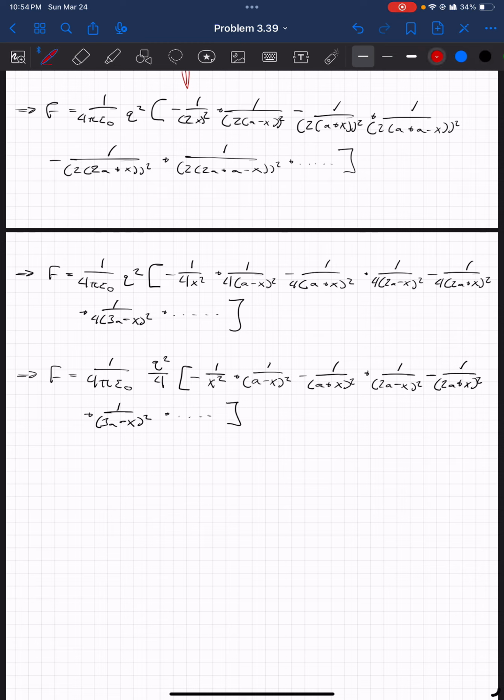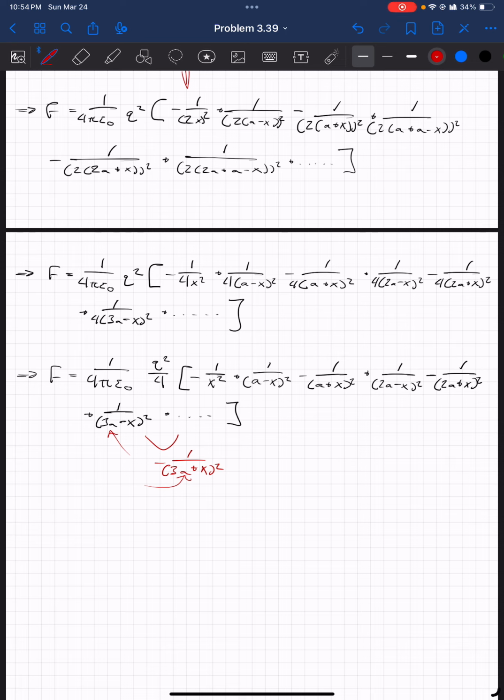And now, as you can very easily determine, there is a pattern here. The next value in our force equation would be a negative 1 over 3a plus x squared, which is just the negative value of that, and the negative x turns into positive x.